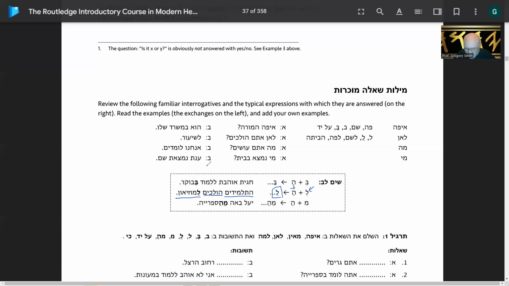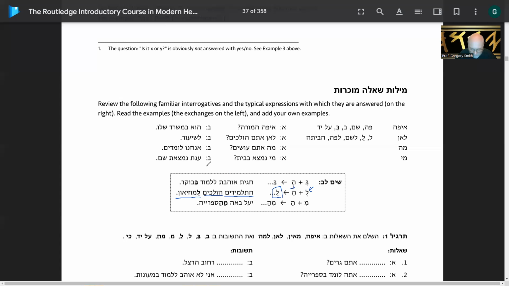I thought it was the museum. הולכים למוזיאון. Okay, wait a minute here. We need Talmudim here. Talmudim, that would be like the students. There we go. The students go.